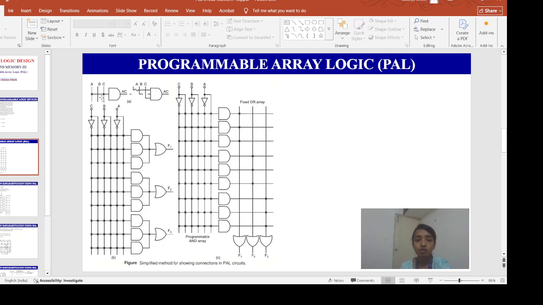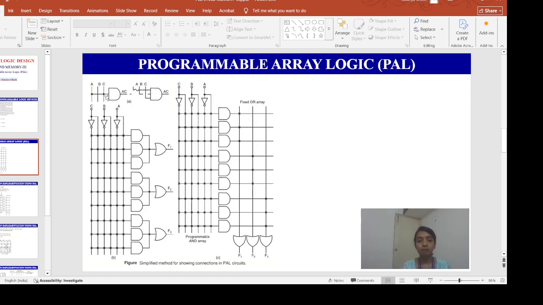The absence of any symbol, as we can see for B, neither dot nor cross, represents an open or no connection by virtue of a burned open circuit. So the cross means the fuse, which is represented for A; for B we don't have any connection; and for C, that is a permanent connection.